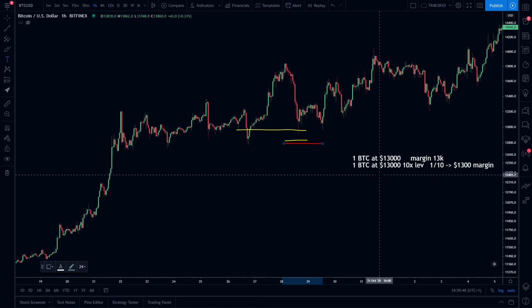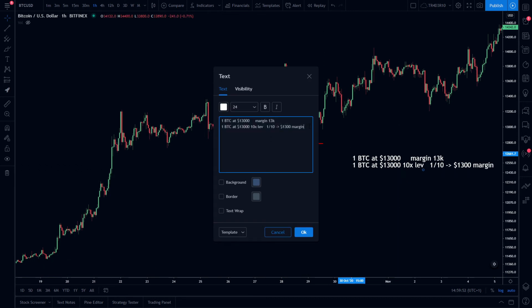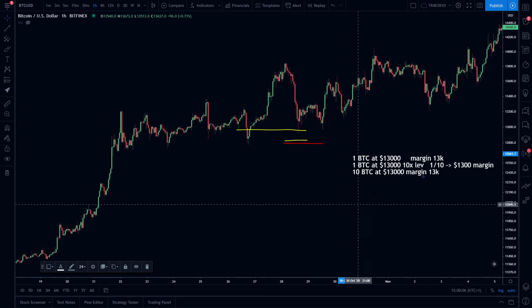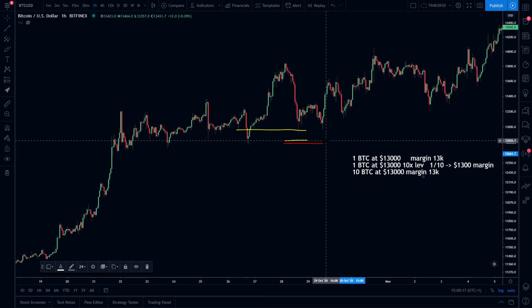The only way to make more money with 10x leverage is to actually size up the trade. If you did a 10 BTC trade here at 13,000, margin 13K, you're actually 10xing the gains, of course, but also 10xing the loss.